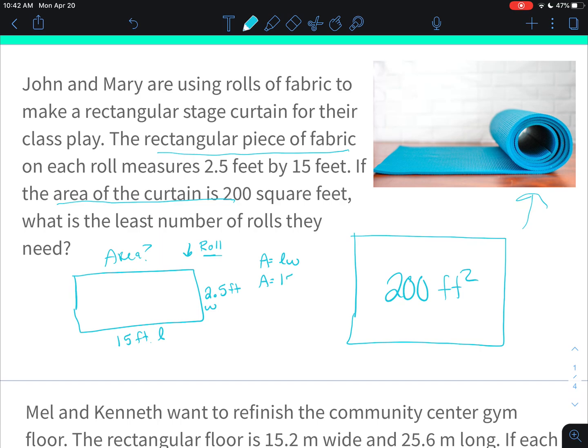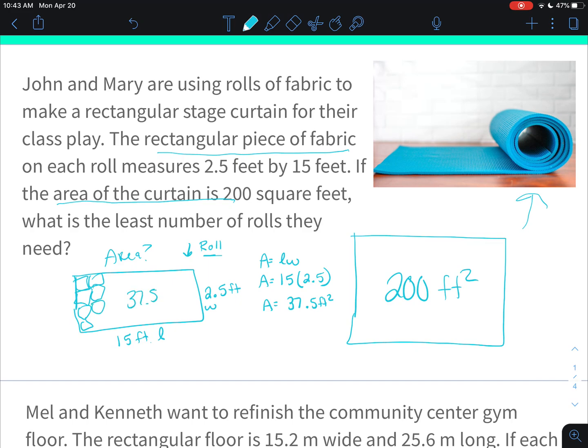So we're going to plug it in. Area is 15 times 2.5, which should give you 37.5 square feet. So that tells me that there's 37.5 square feet that make up this roll.